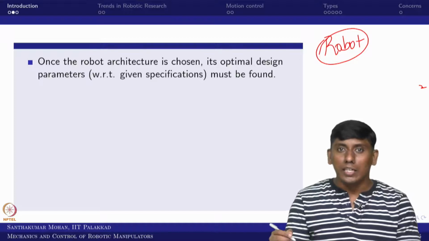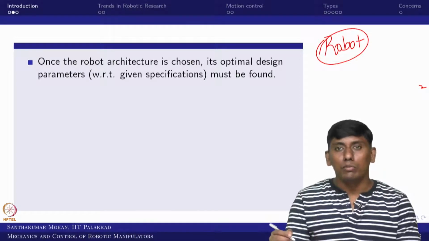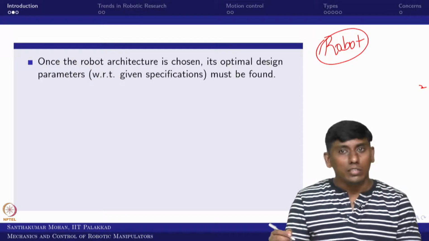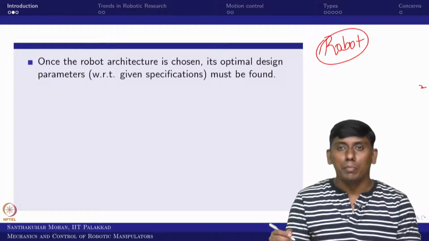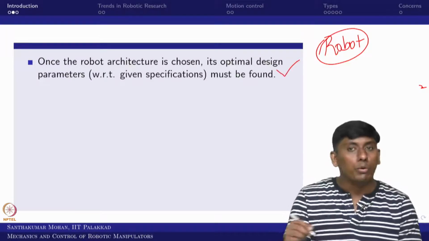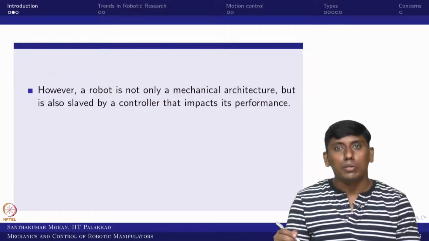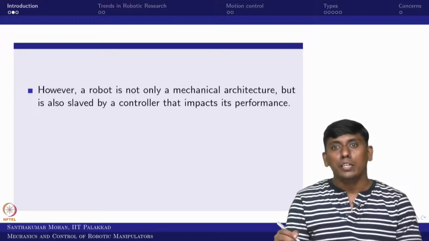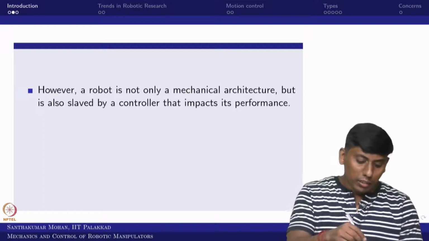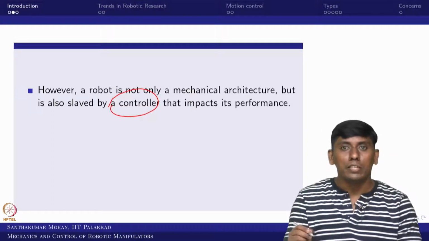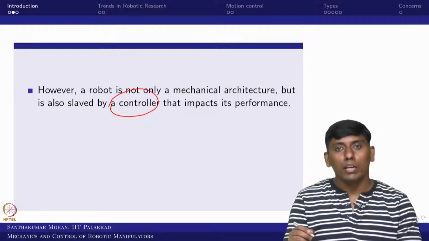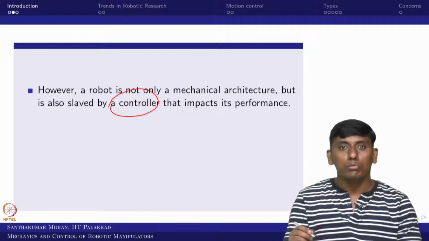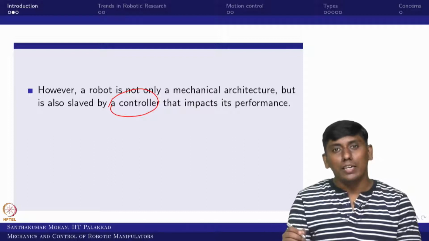Once the architecture is chosen, we do the detail design of the manipulator, but that is not sufficient, because the mechanical architecture is not the only thing that impacts performance. The controller also impacts the performance. So we have to see how to do motion control, or control in general.